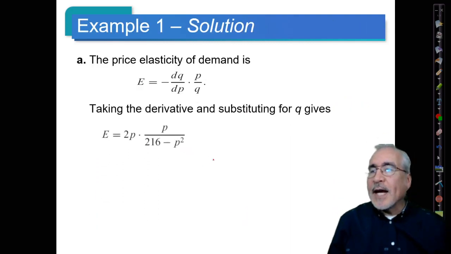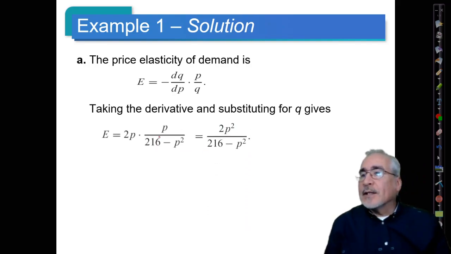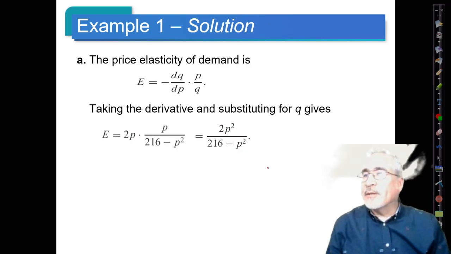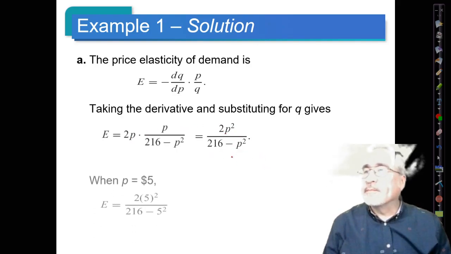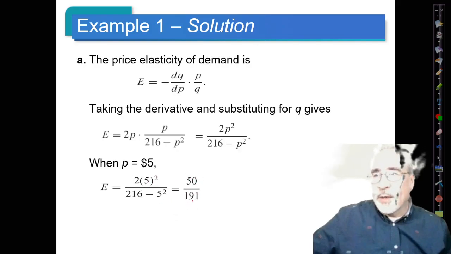Okay, so that's what they've got. They simplify a bit. The p times p is p squared. Plug in 5, 5 squared is 25, and 25 down here. So they end up with 50 over 191.